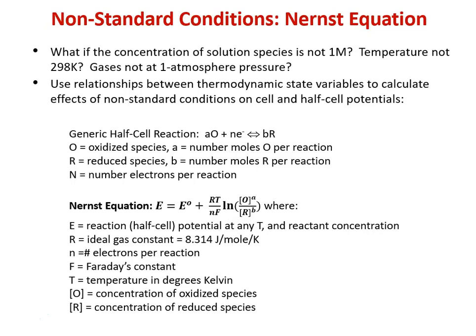Then we'll take the natural log of the actual concentration of our oxidized species raised to the power of its stoichiometric coefficient A, divide it by the actual concentration of our reduced species raised to its stoichiometric coefficient B, take the natural log, and multiply it by the actual temperature times the ideal gas constant, which is just your 8.314 joules per mole per K, divide that by the number of electrons involved in the reaction, and add it to the standard cell potential.